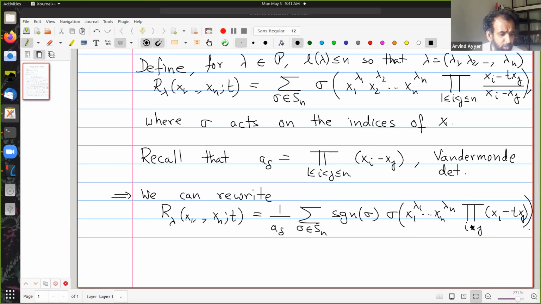So we get a skew symmetric polynomial in x1 up to xn in the numerator, and therefore it's going to be divisible by xi minus xj for each i and j, and therefore divisible by delta, and at the end I will get a symmetric polynomial.